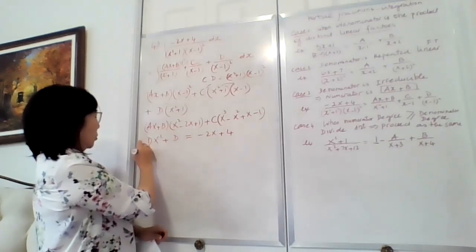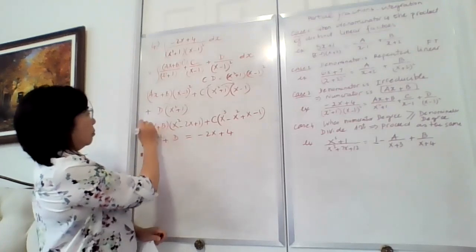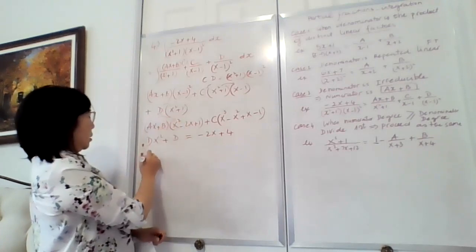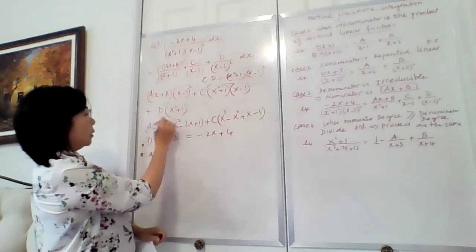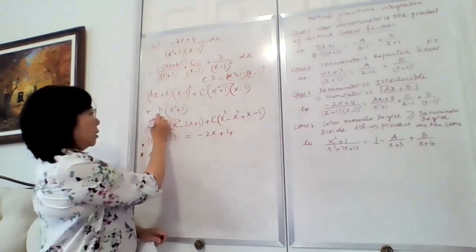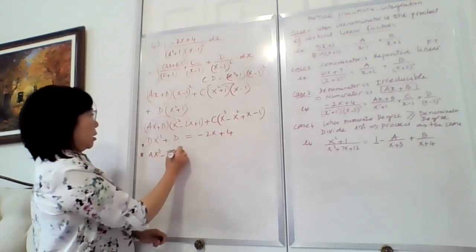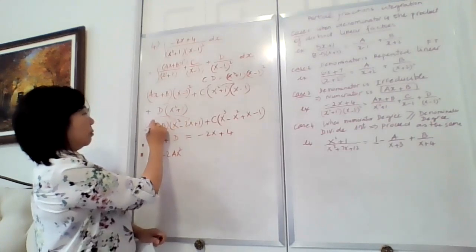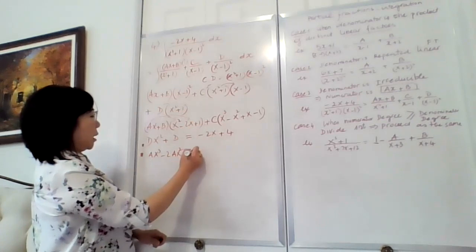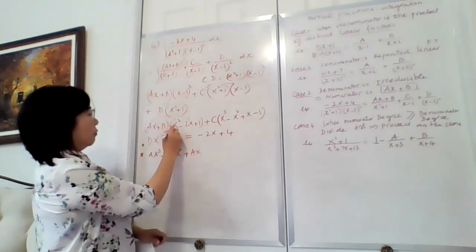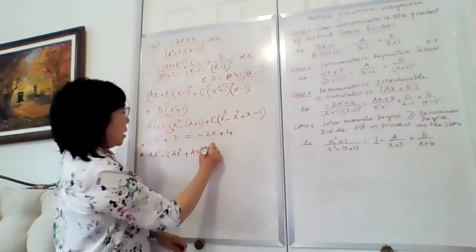So now I'm going to distribute one more time. So I'm going to time this together. I will have a x to the power 3 because x1 times x2, x3. This time this will be minus 2a x squared, right? x1 times x. And the last term will be just plus ax. Now I go for the next one. Next term will be plus bx squared.